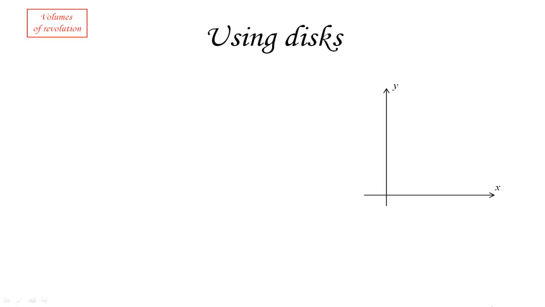The first method we're going to see is called the disks method, and the reason is quite obvious. It uses disks. Let's see how that works. So first of all, we're going to rotate some kind of region. And for now, we're going to assume that this region is of a special kind, similar to what we saw in the definition of the area of a plane region by using definite integrals.